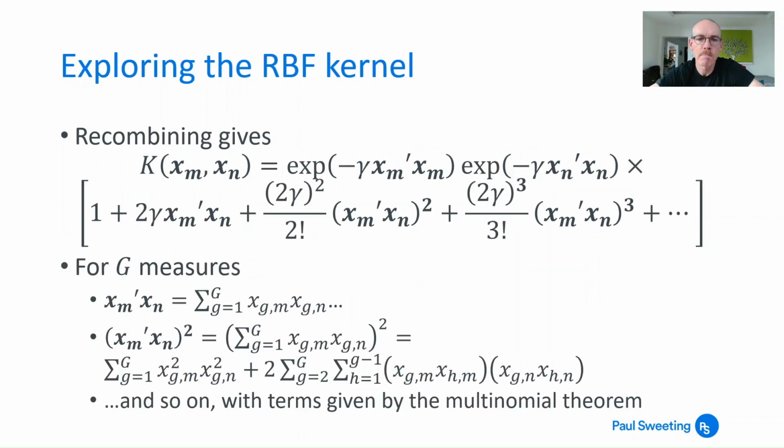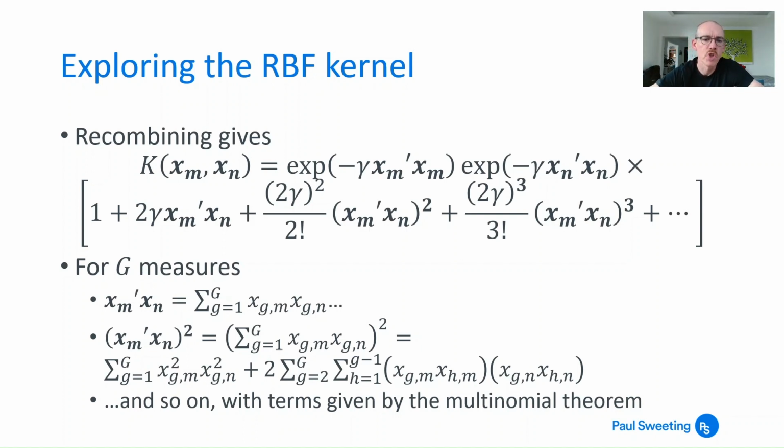So if you recombine that, this is what you get for this kernel function: e to the minus gamma xm transpose xm, e to the minus gamma xn transpose xn, times this infinite series, 1 plus 2 gamma xm transpose xn, and so on.